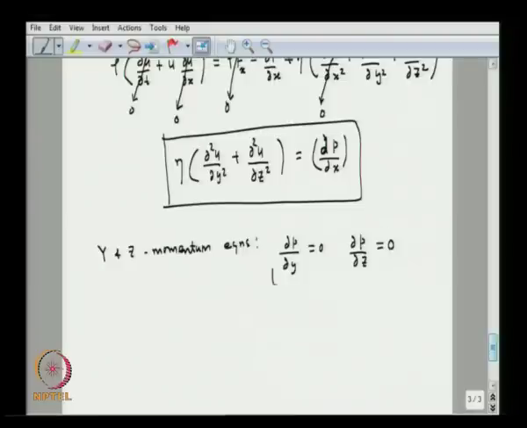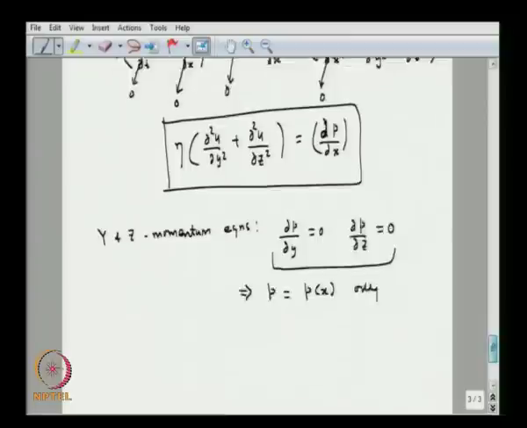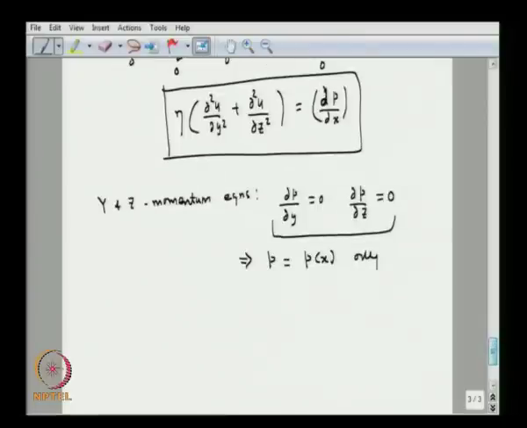So, what does this mean? This means that pressure is a function of x only, right. Pressure is a function of x only, right.